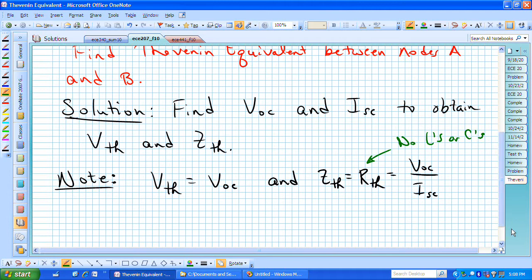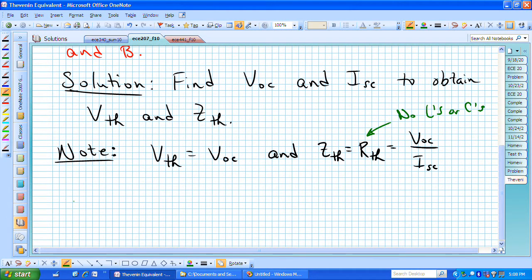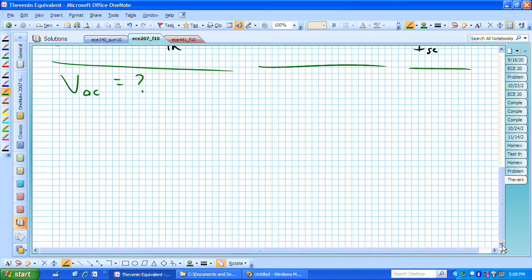Let's then find the open circuit voltage. Again, we're going to have to analyze two different circuits, one with the terminals A and B opened, that's the V open circuit problem, and the second circuit, when those two terminals are short-circuited.